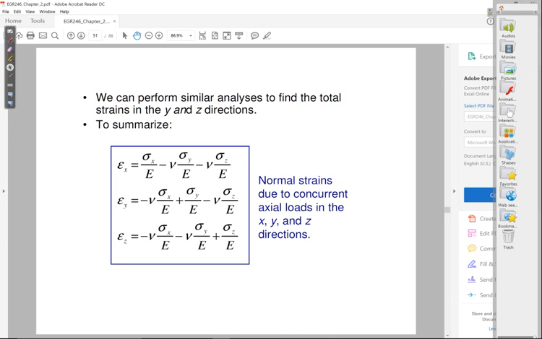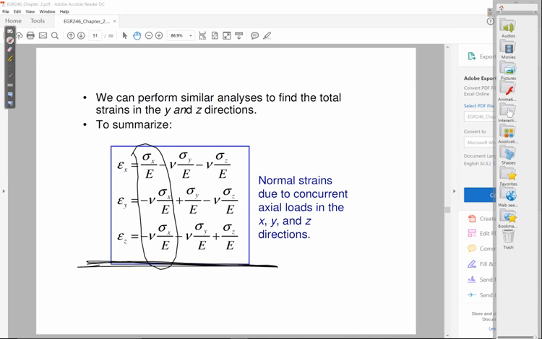So how do we show that? Well, if you take the generalized Hooke's law, okay, and you say that nu is 0.5, solve for dilatation when nu is 0.5. Okay, that means we add these three equations together where nu is 0.5. Take a look at the x terms, the sigma x terms.